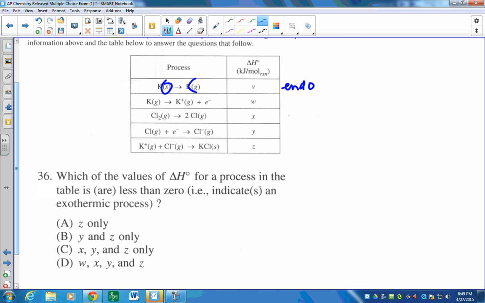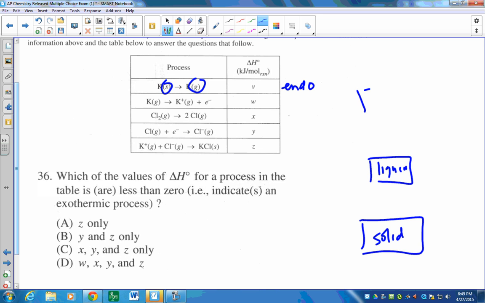To go from a solid to a gas, remember when I draw those pictures? Solid, liquid, gas. To go from solid to a gas, you have to put energy in to get it. So this is endothermic, okay? This is endothermic.